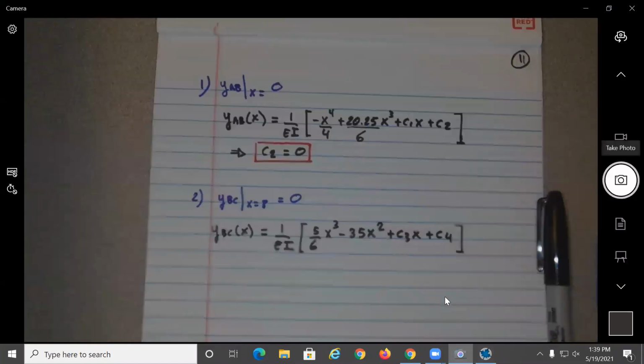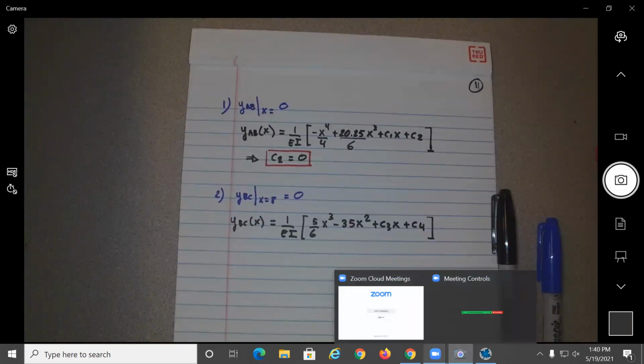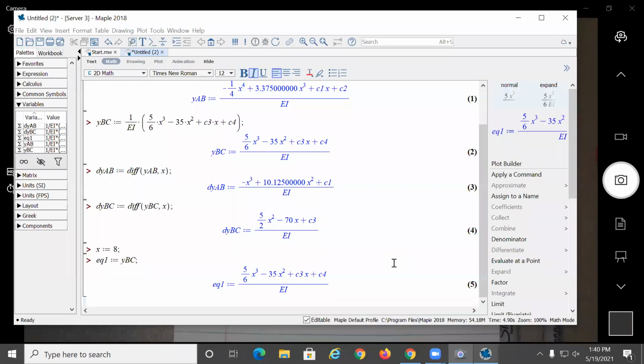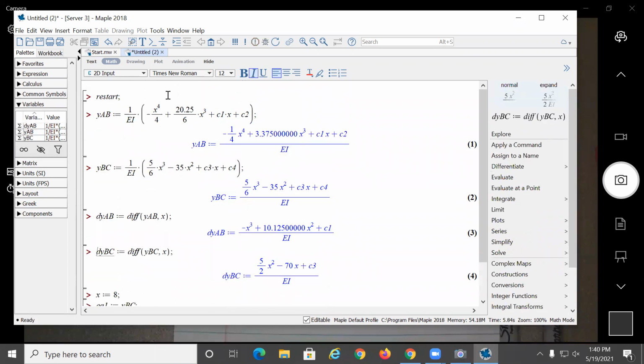Okay. Now, what should be the next condition? Let's see if that gives us the equation, and if it gives a simplification here. Why didn't I substitute X equals 8? Hold on one second. I should have substituted 8 here.